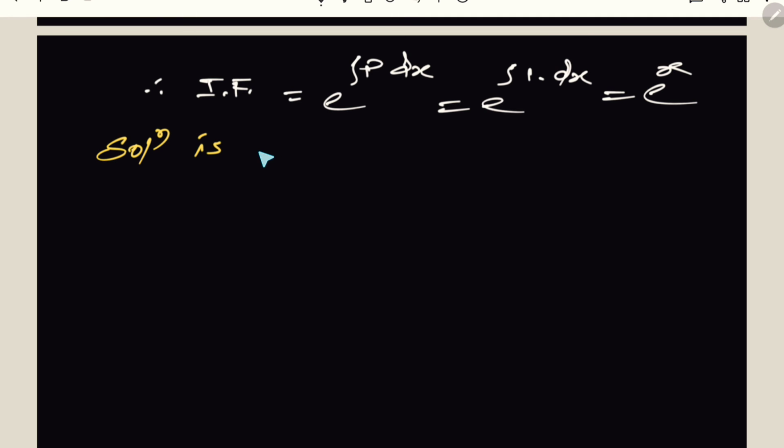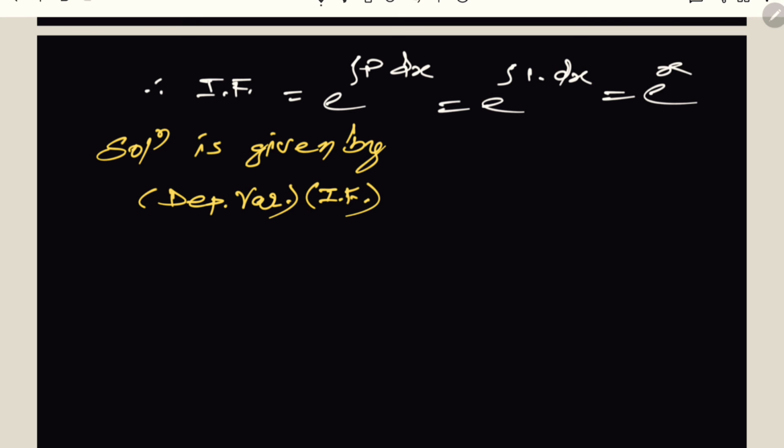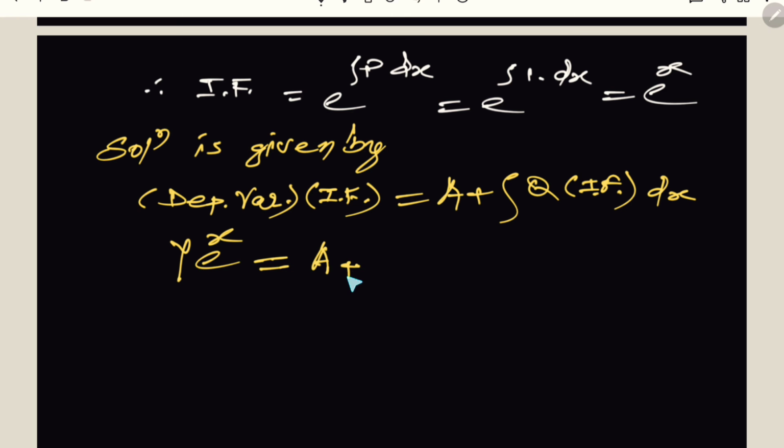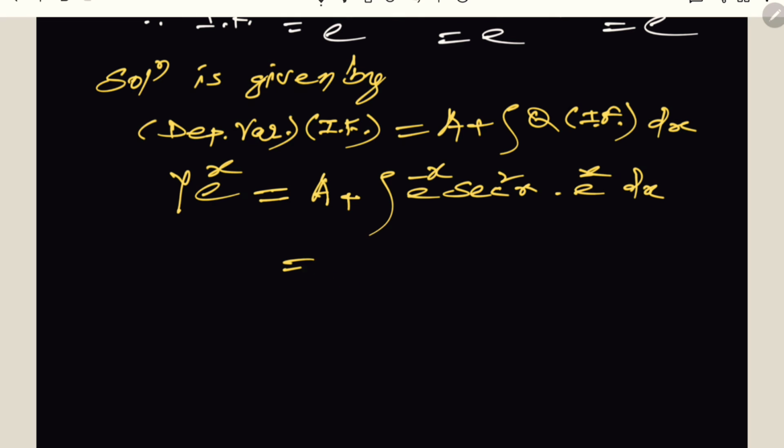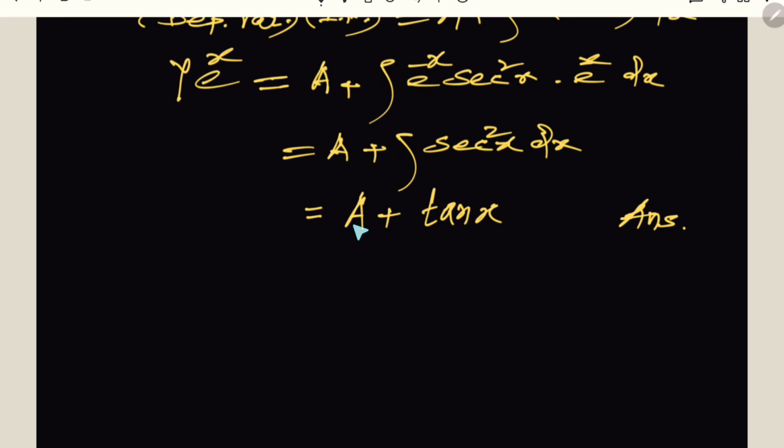Therefore, the solution is given by dependent variable into IF is equal to a constant plus the integration of Q into IF with respect to x. The dependent variable is y, so y into e raised to x is equal to a plus the integration of Q, e raised to minus x into secant square x, into IF e raised to x. It is the integration of secant square x with respect to x, which is tan x.